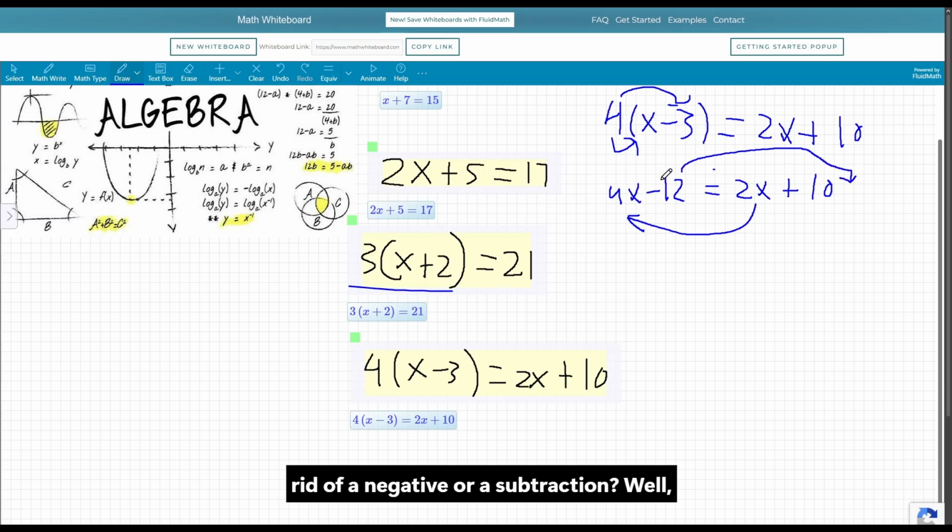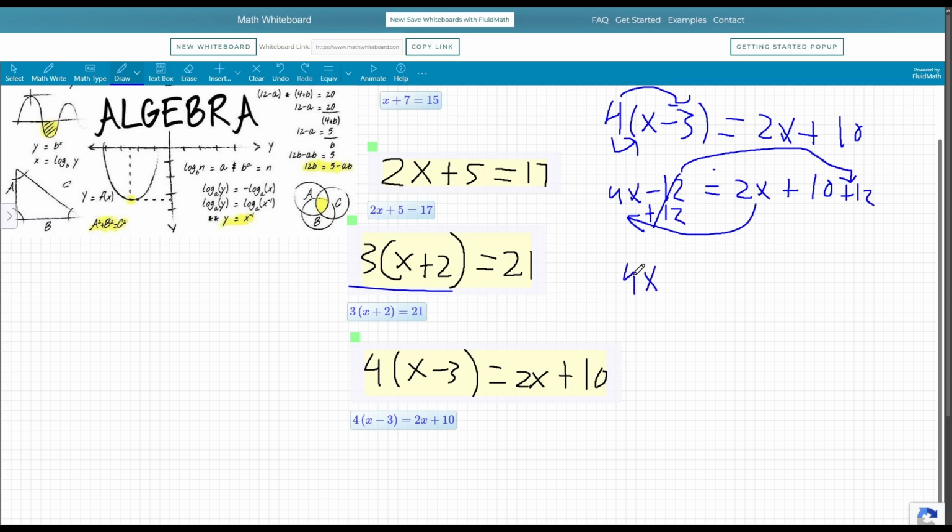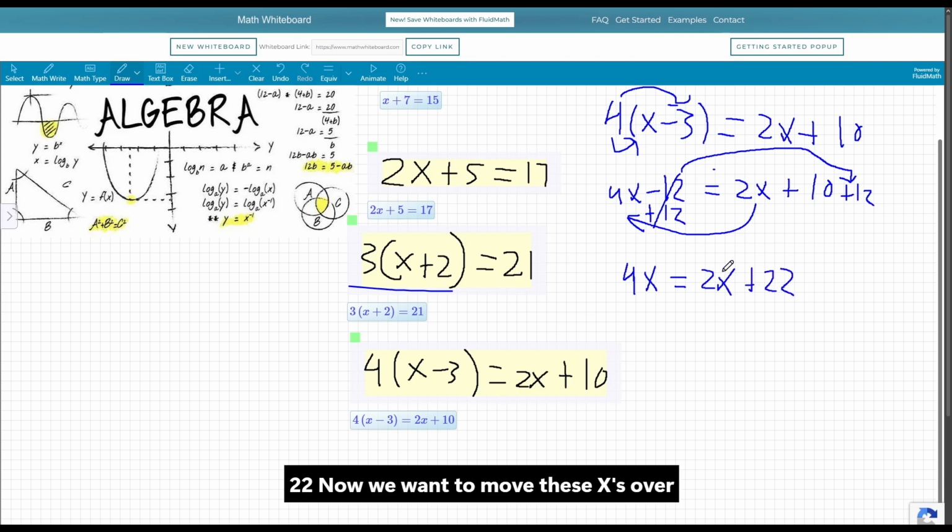So how do we get rid of a negative or a subtraction? Well, just do the opposite. You add 12, so this turns to 0, cancels out, plus 12. So 4x equals 2x plus 22. Now we want to move these x's over here. So how do we do that?